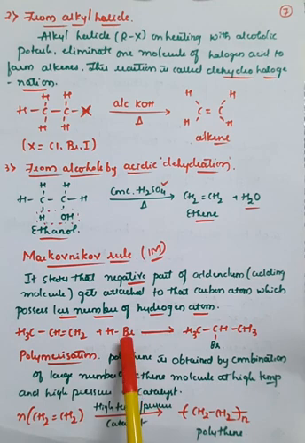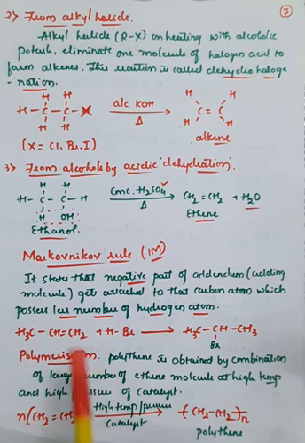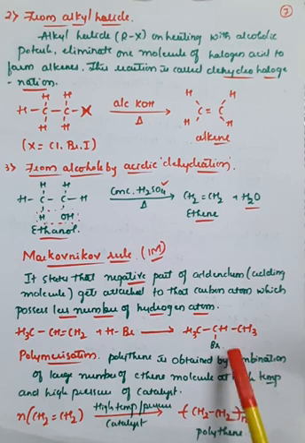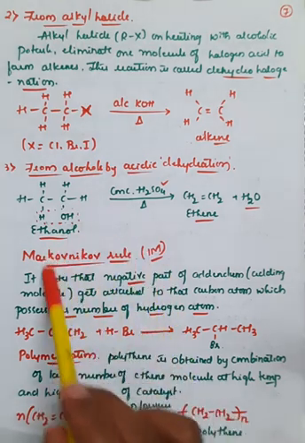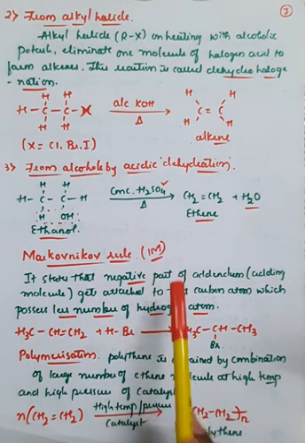So this bromine, or if you take hydrogen chloride, this chlorine will also attack the second carbon atom, because the second carbon atom has very few hydrogen atoms compared to the first as well as the third. Therefore there is attachment of bromine to the second carbon atom. This rule is called Markovnikov's rule. This is very important and very basic in organic chemistry. Please go through this rule twice or thrice.